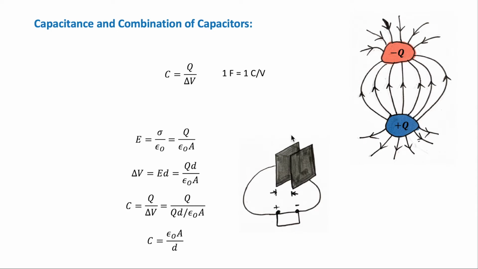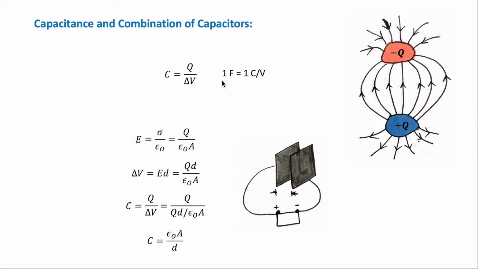The potential difference between the two conductors is proportional to the charge on each. It's the same charge, so it's proportional to Q. So the capacitance is defined as Q over delta V, and therefore it's a measure of the amount of charge that can be stored on the capacitor for a certain potential difference.